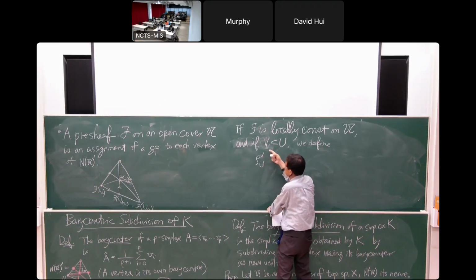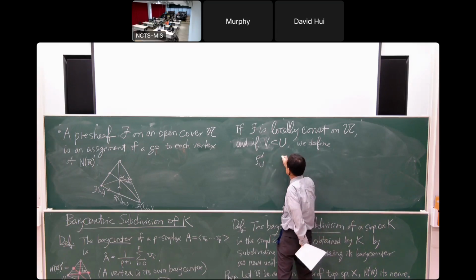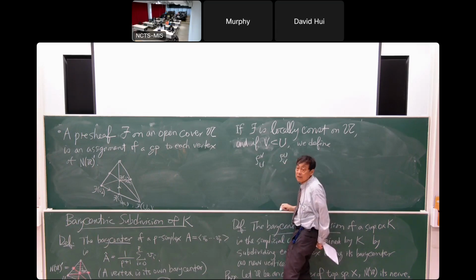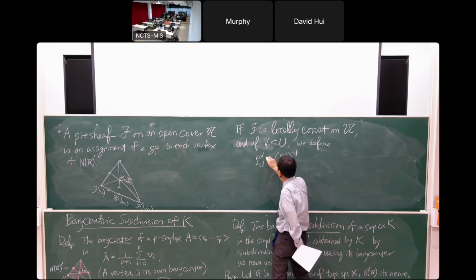Rho of UV is a restriction, but because it's an isomorphism, you can take its inverse.